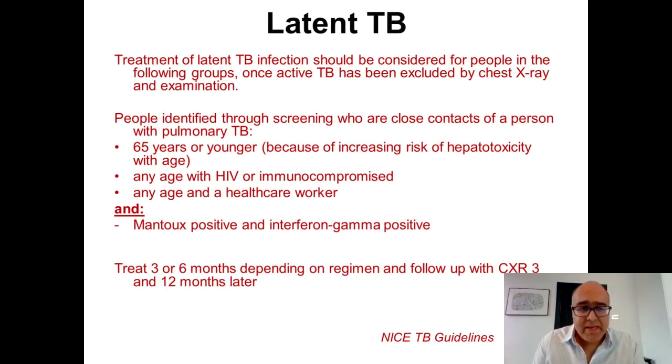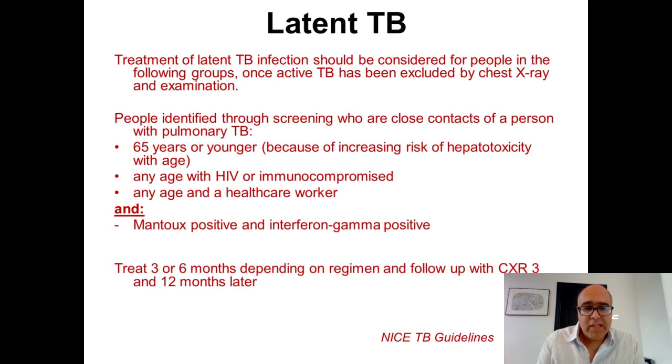So latent TB is another important thing to think about. This is the concept of somebody who's been exposed to a patient who has had pulmonary TB. So this person has been exposed to the other patient with pulmonary TB, and is at risk of also developing pulmonary TB at some point in the future.